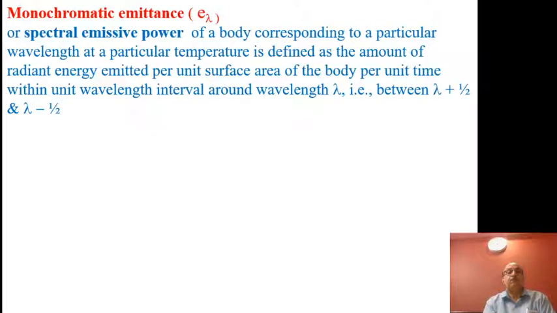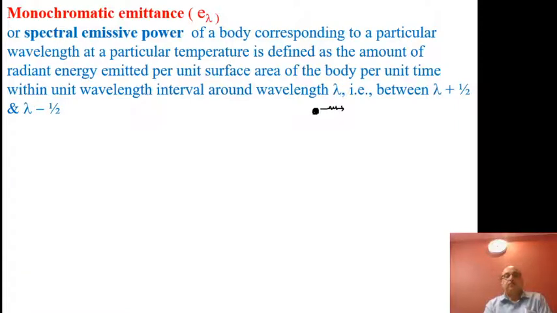Now we will consider some definitions here. The first one is the monochromatic emittance. It is also called the spectral emissive power of a body, corresponding to a particular wavelength at a particular time.